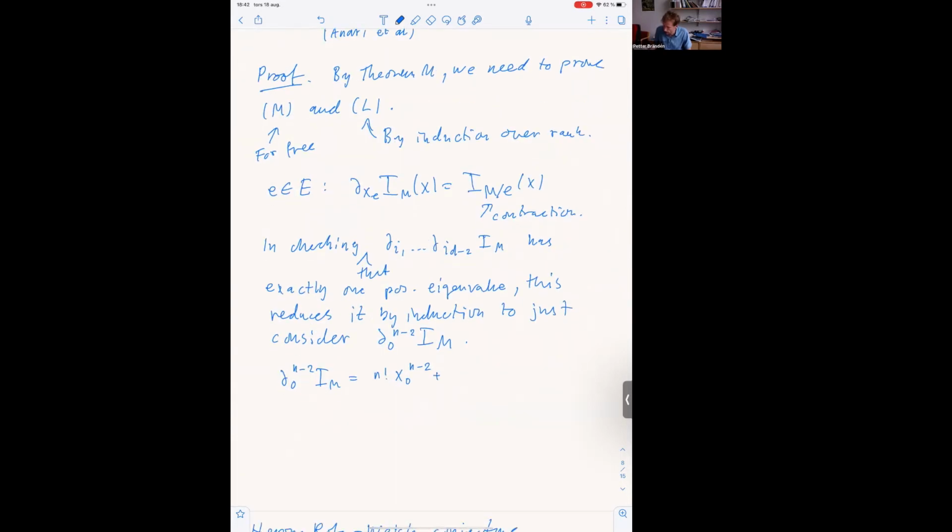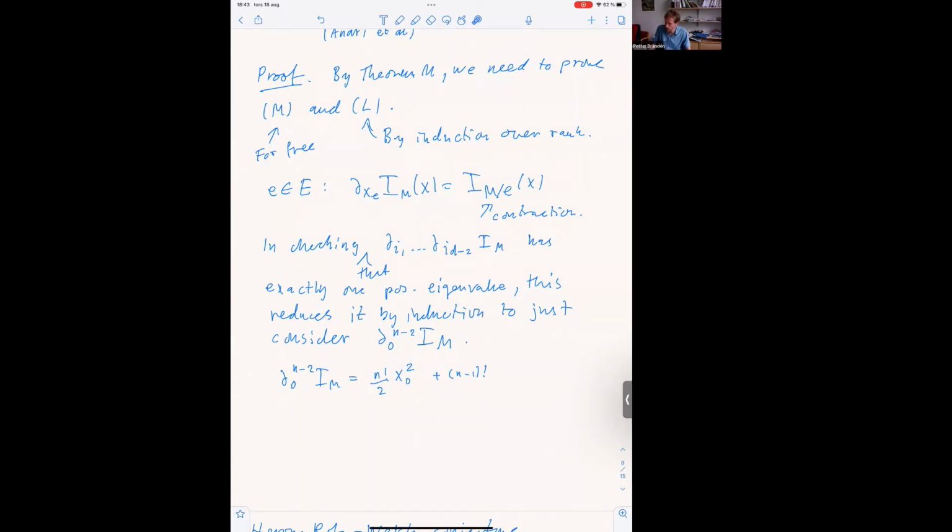So we will differentiate n minus 2 times with respect to this x naught. We have exactly one empty independent set, and for that term we will get this if we differentiate n minus 2 times.